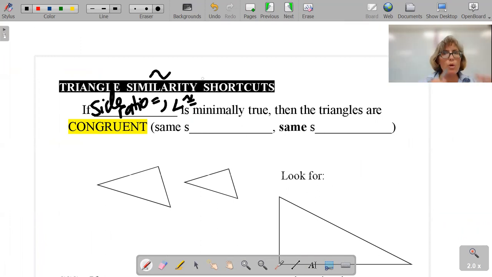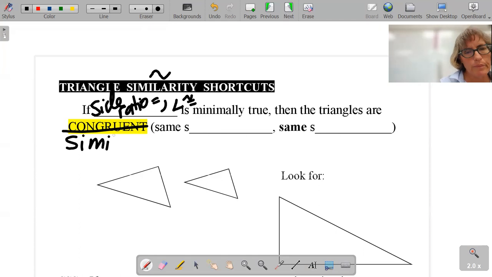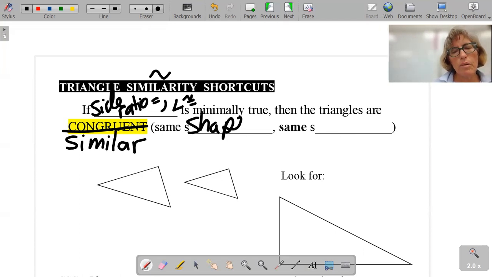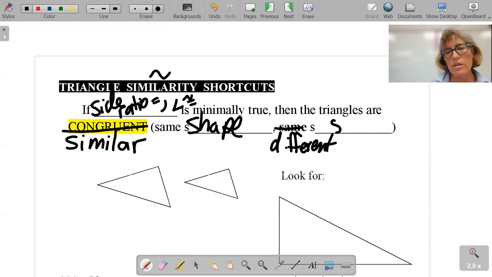If a certain combo of side ratio equality and angle congruency is minimally true, then the triangles are similar, which is the same shape, different size. Cut and paste that wrong. Similar, same shape, different size. And there's 3 of them.